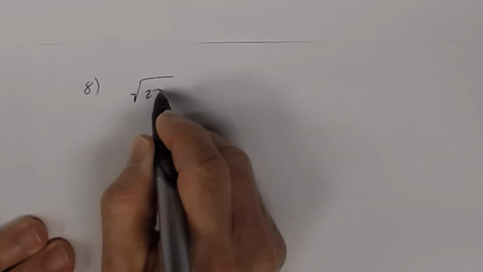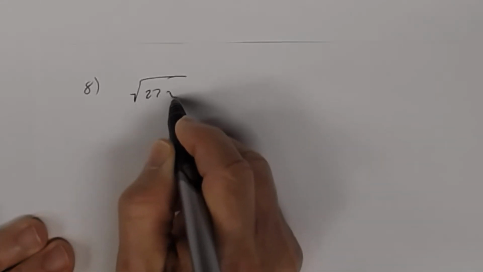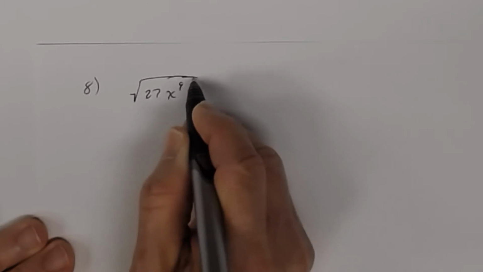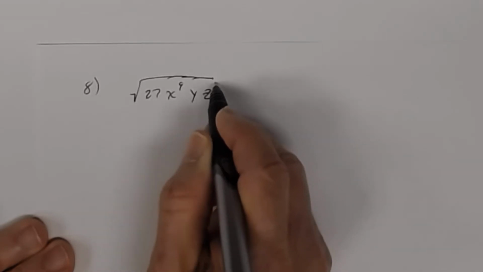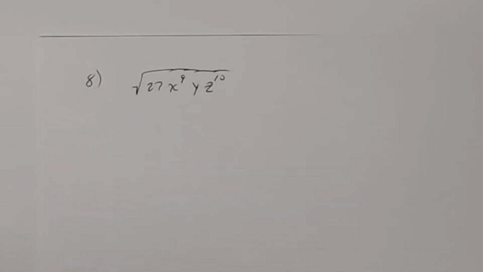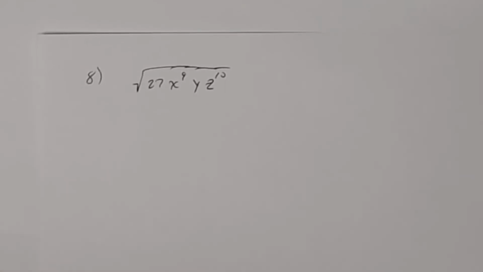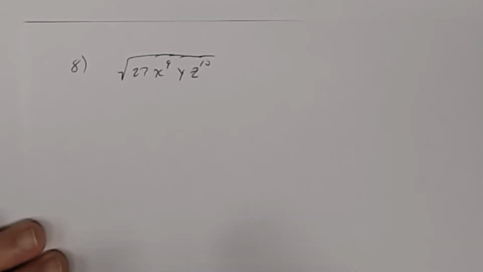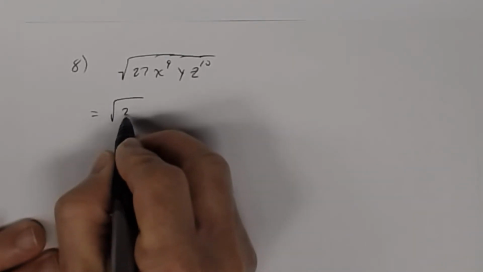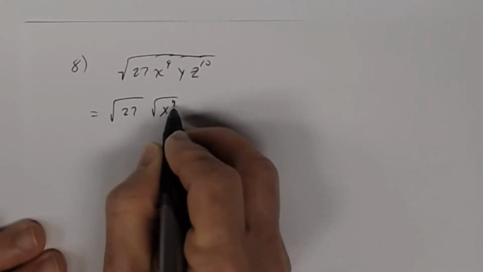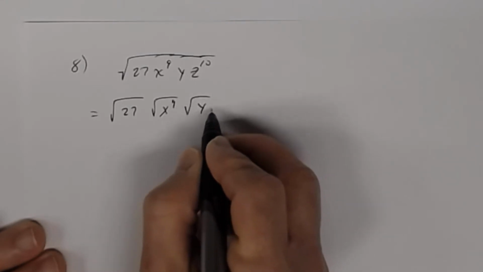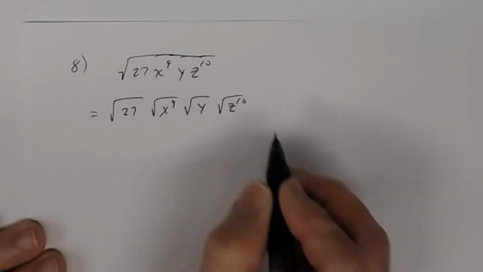We have the square root of 27 x to the 9th y z to the 10th. So the square root of x to the 9th, y, z to the 10th. All right, using the product property, this becomes the square root of 27, square root of x to the 9th, square root of y, square root of z to the 10th.